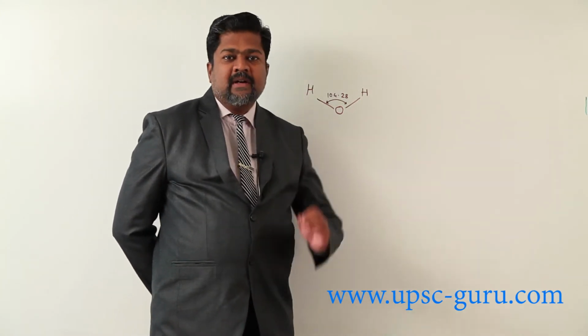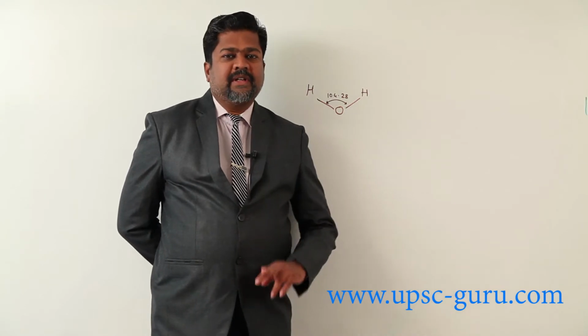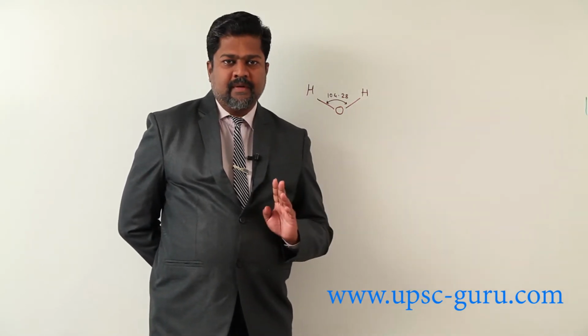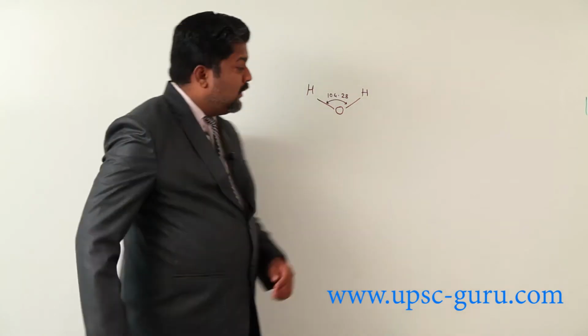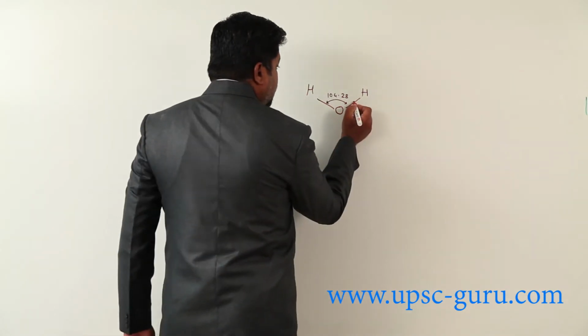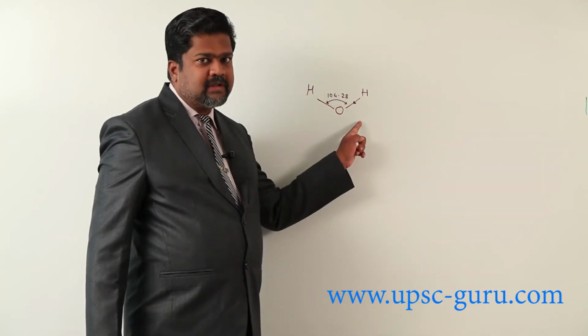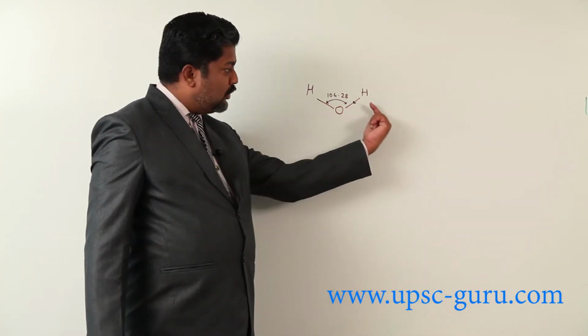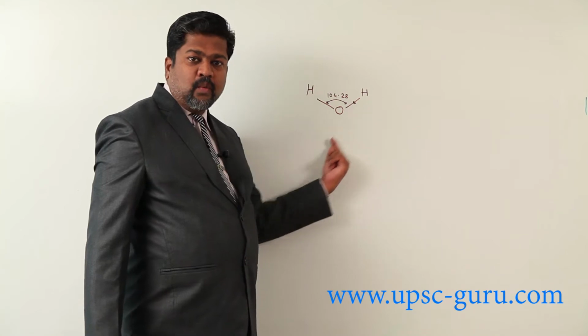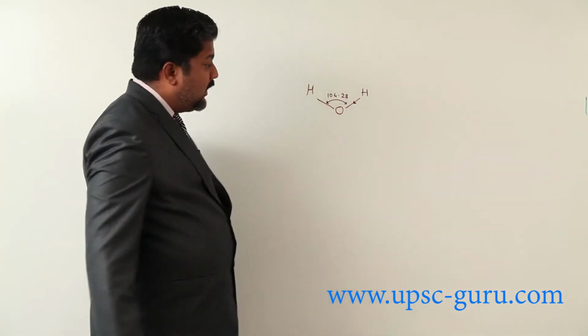So I may say here, the electronegativity of oxygen is greater than hydrogen, and therefore oxygen will try to pull the electron cloud from hydrogen. This representation is wrong, but I am explaining that oxygen will try to pull out the electron cloud from hydrogen.